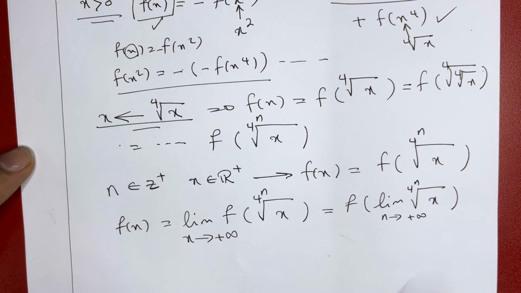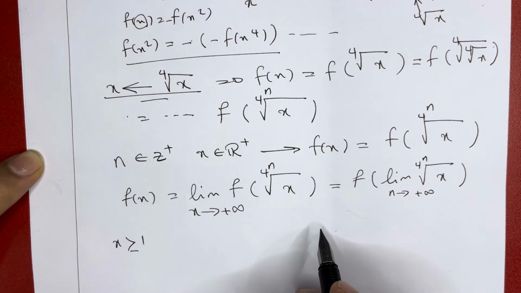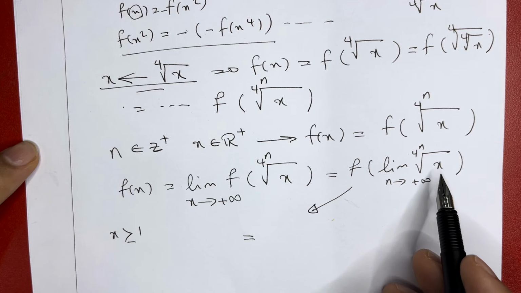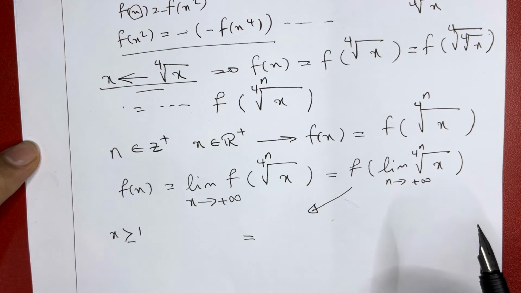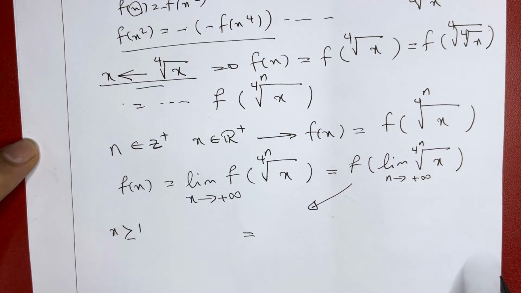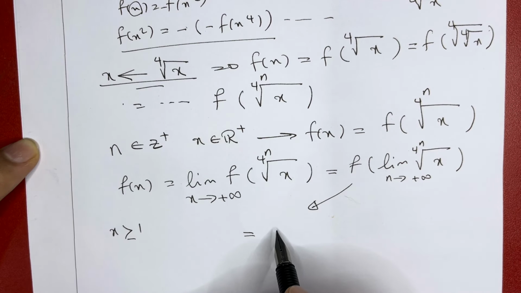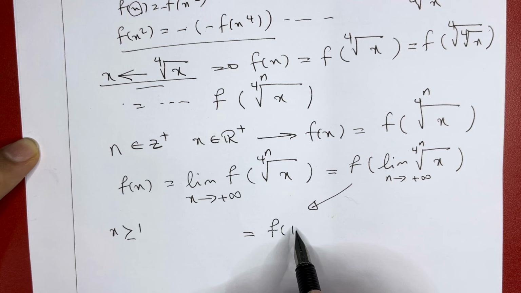This is an important part also. If x is greater than or equal to 1, it doesn't matter, take 4 to the power of n, which goes to infinity, the infinity-th root of, let's say, 5, 10, 11, something like that. Then based on limit theory, I'm not going to go through the details of that, this is going to be the same as f of 1.